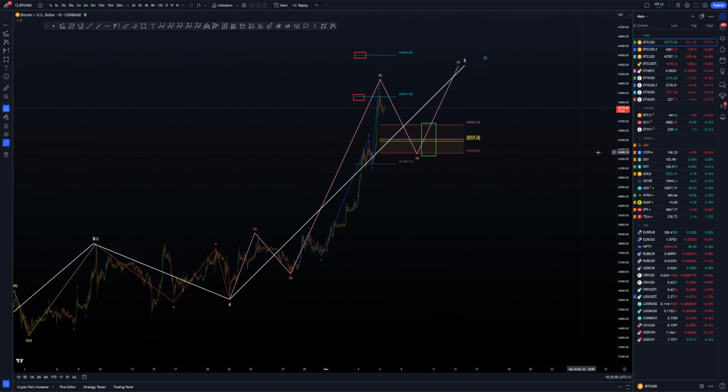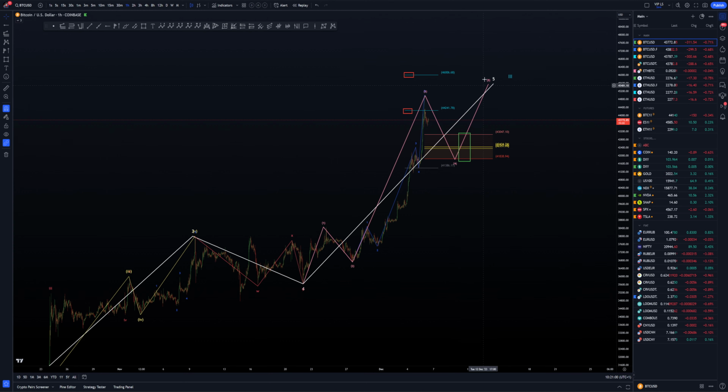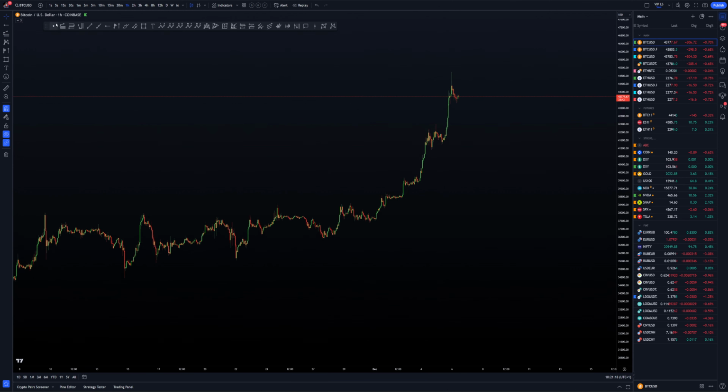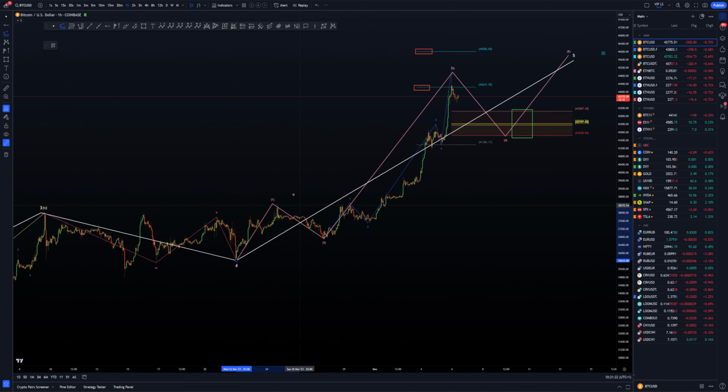What we have to do if we do this is just find the wave 5 targets next, right? So we pull the extension tool from the wave 1 root, right there. Perfect.